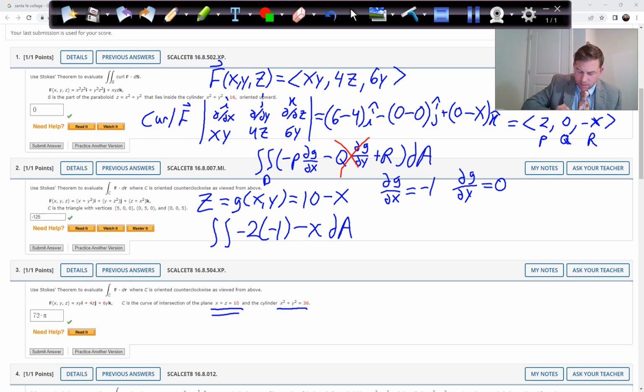The second we see a cylinder, we should think polar coordinates. So we're going to have r squared equals 36, which means r is 6.